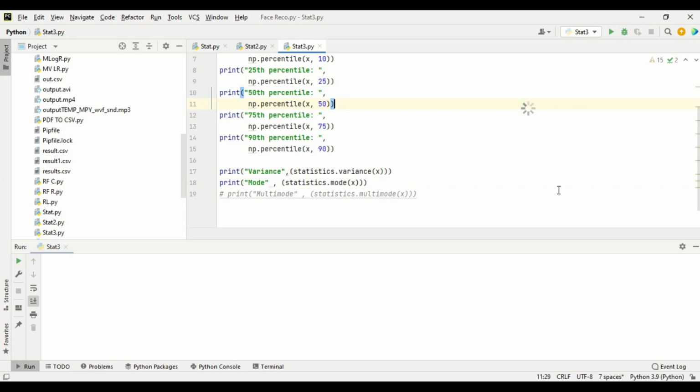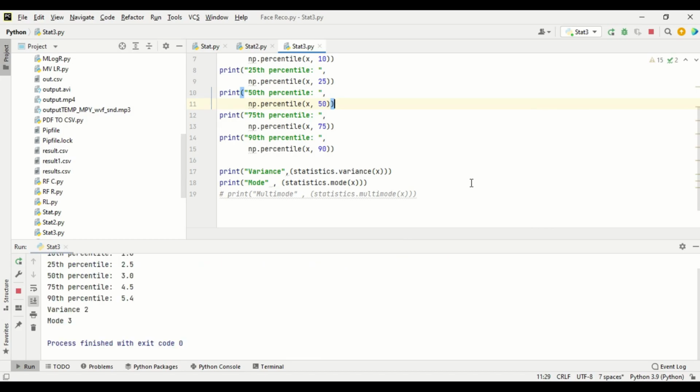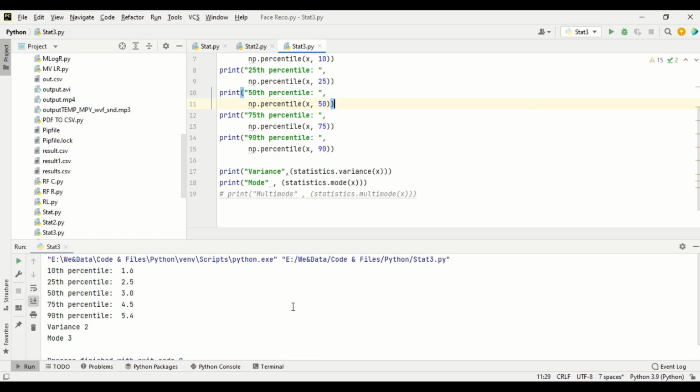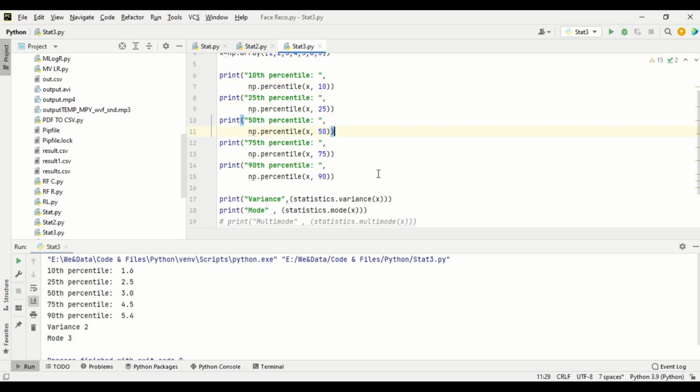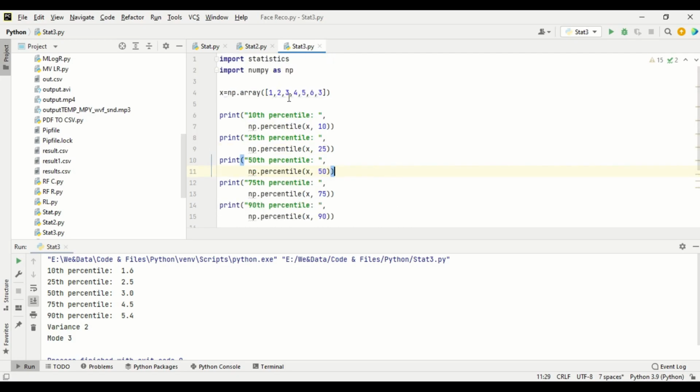Now let us execute this. So for this data set, the 10th percentile is 1.6, which tells 10% of the data occurs below 1.6 and the other 90% is going to be greater than 1.6.